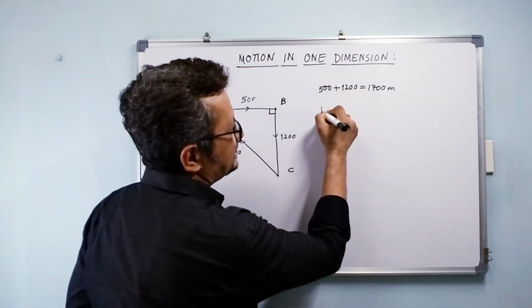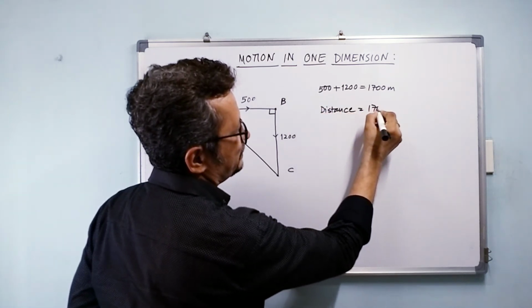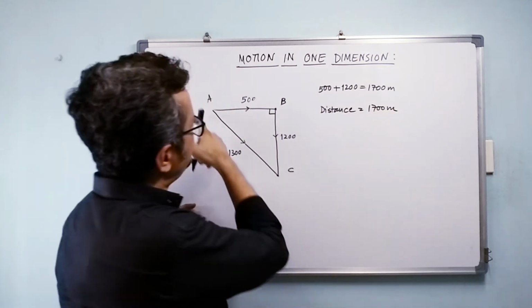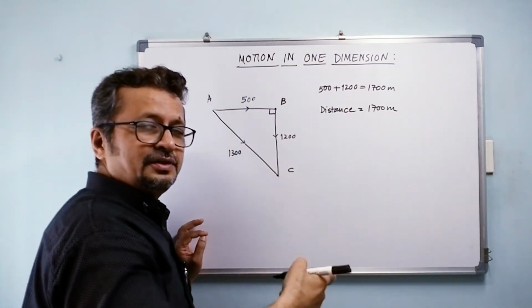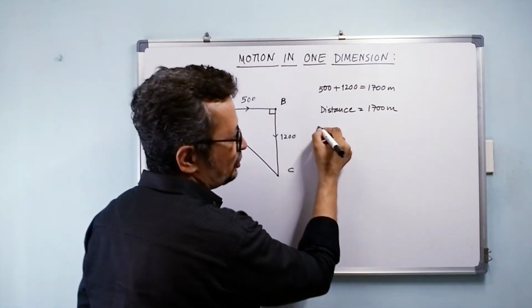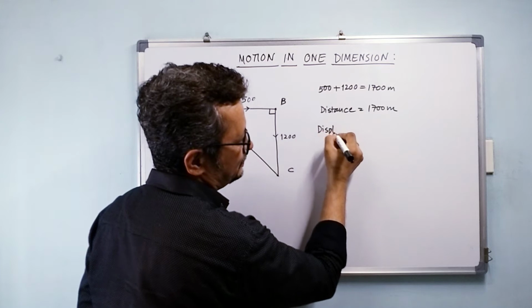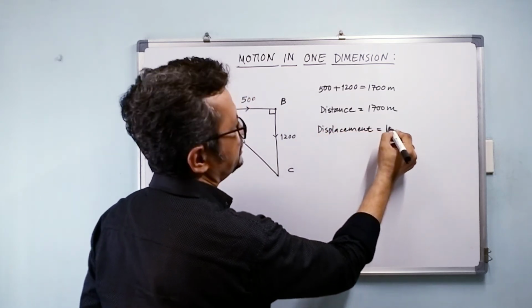So distance is 1700 meter, and this AC, point to point, my change in position in a given direction, that is called displacement, is 1300 meter.